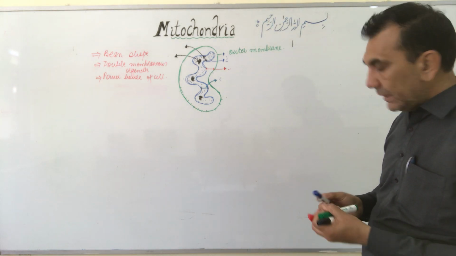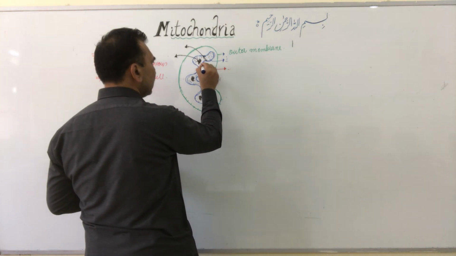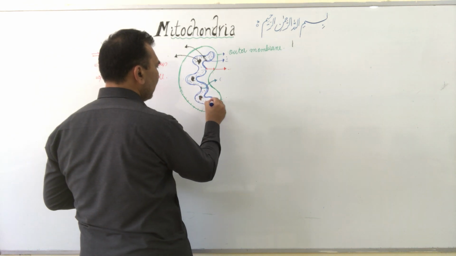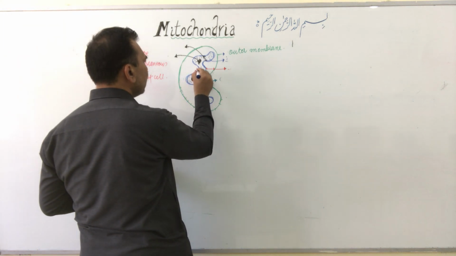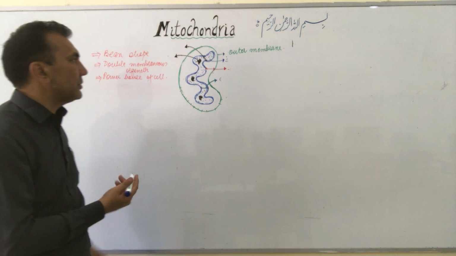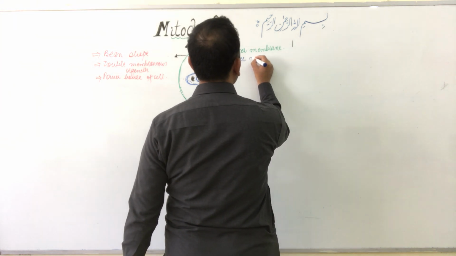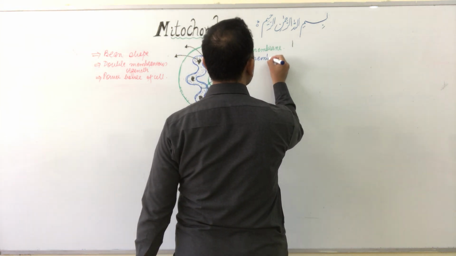Now the other membrane, which is inside and blue in color, covering this folded structure, is called the inner membrane of the mitochondria.